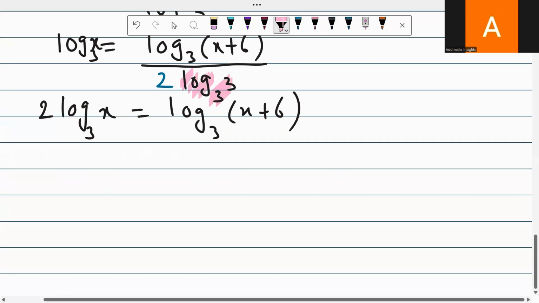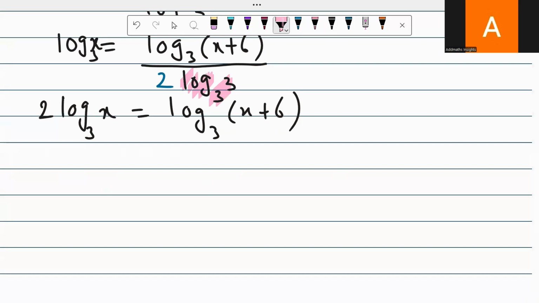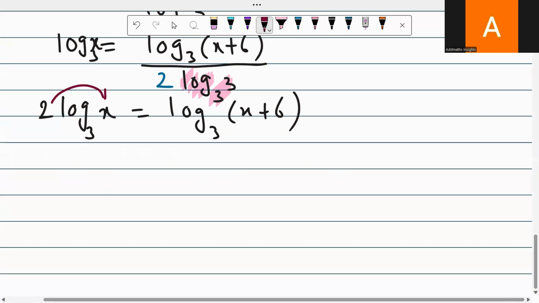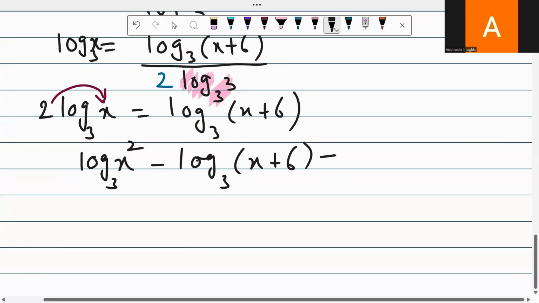This whole expression is 1, and we cross multiply this. Then you can give this power, raised to the power. So you can write here log 3 x squared, and we take this on the other side, is 0. Now you see that the bases are the same here. So you can apply the division law to express it into a single logarithm.